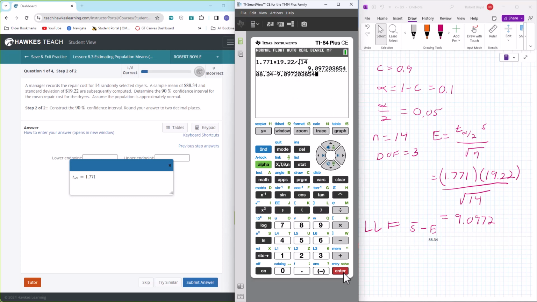Hit enter, enter again, and that gives me 79.242, which rounds to 2 decimal places to 79.24. And then for the upper limit, what I can do is just highlight this and change the minus sign to a plus sign.